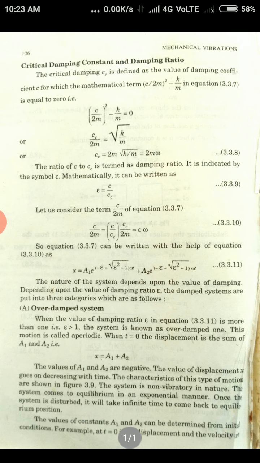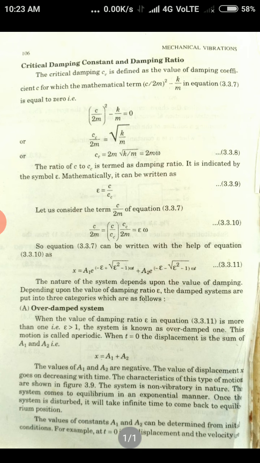Now substitute this value, equation 3.3.10, C/2m equals epsilon omega, in equation 3.3.7. The equation of motion is x equals a1 e raised to minus C/2m, which you can write as epsilon omega, plus the square root of epsilon² omega² minus k/m. Remember here k/m equals omega squared, or omega equals the square root of k/m.